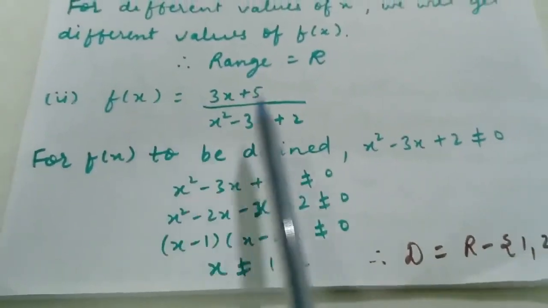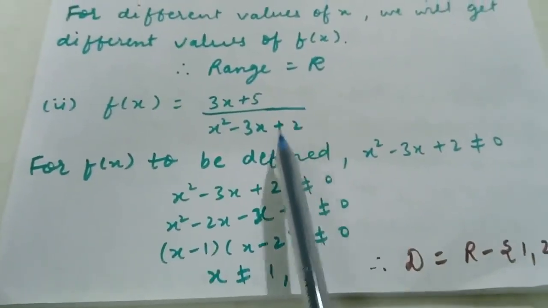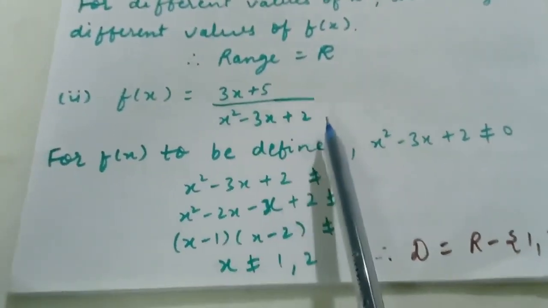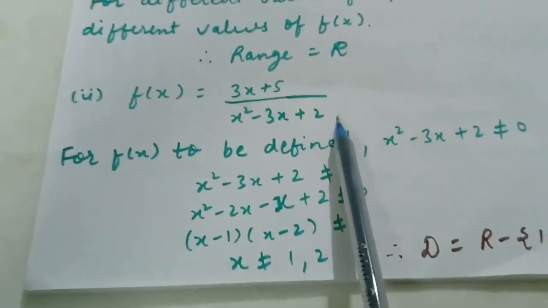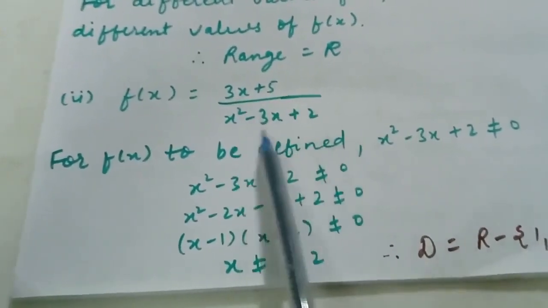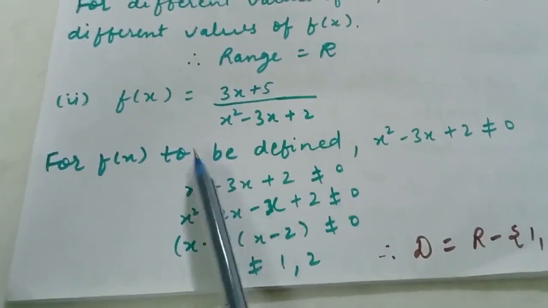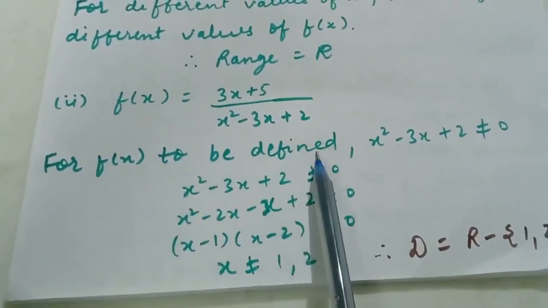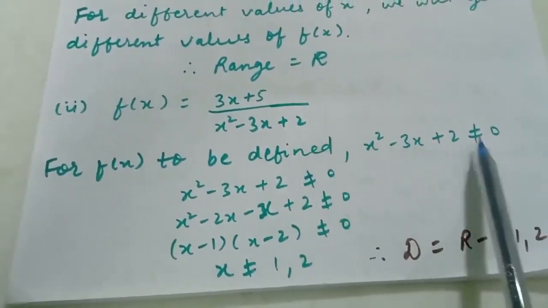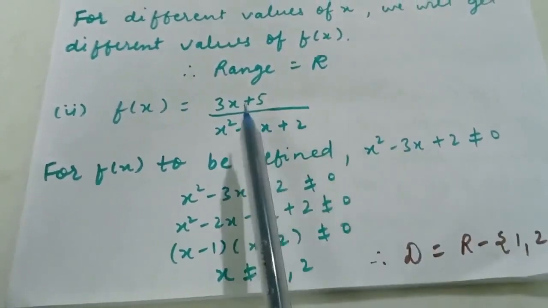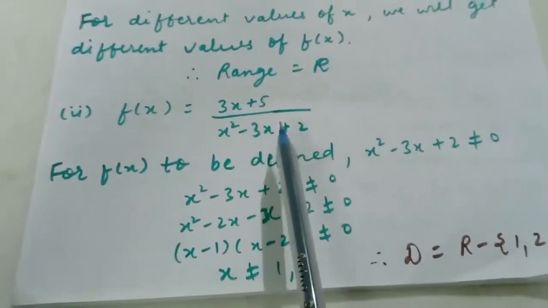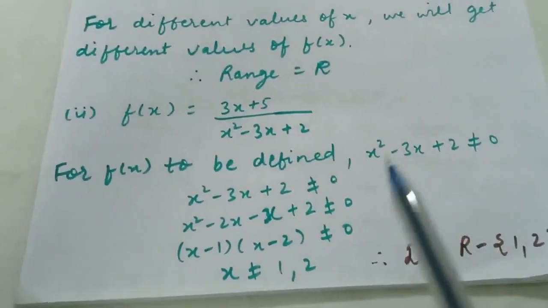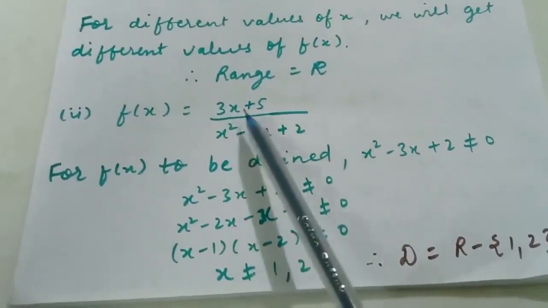Next is f(x) = (3x + 5)/(x² - 3x + 2). This is a rational function. So for f(x) to be defined, the denominator should not be equal to 0. Only then will f(x) be defined.